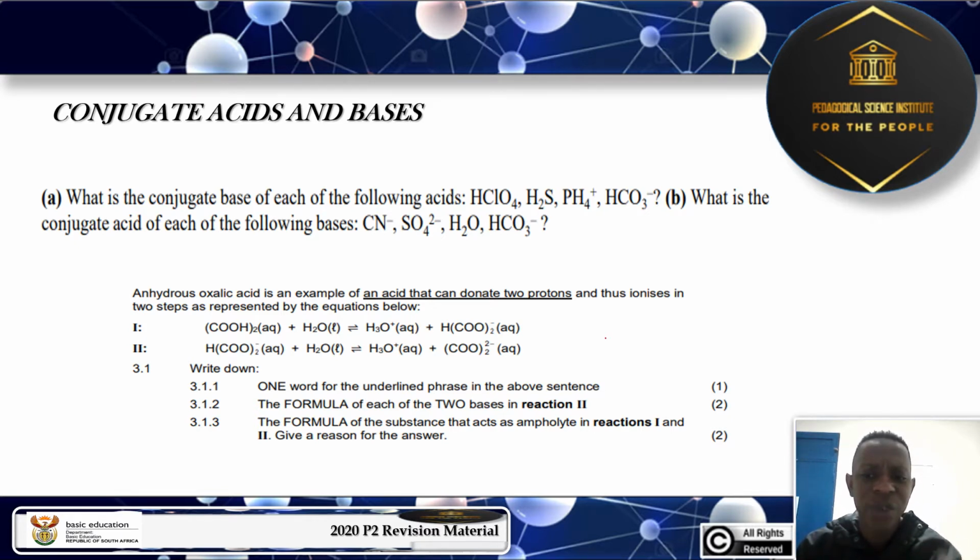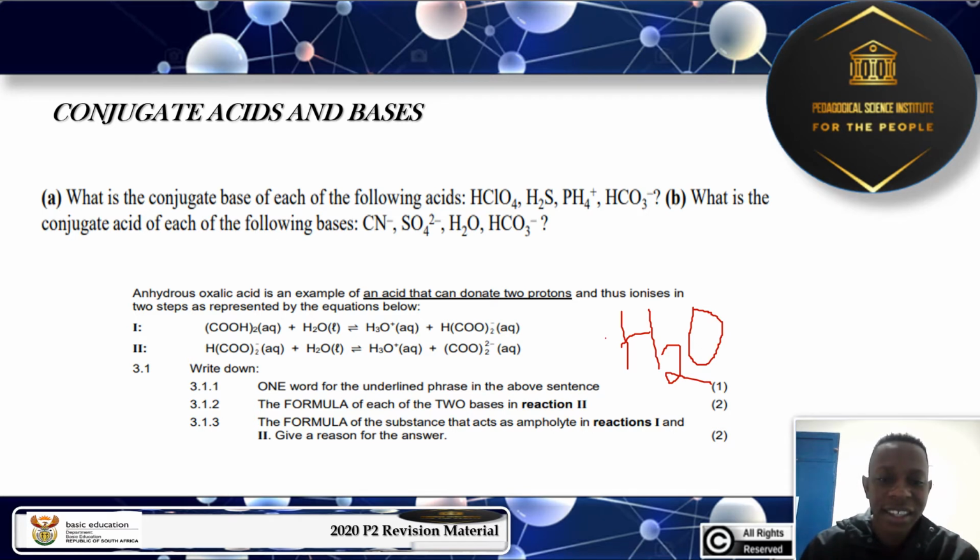Then we have H2O. On the other hand it's H3O plus. What happened here? It had 2 H, now there are 3, meaning this one has accepted an H. So the first base that we have over here is H2O.